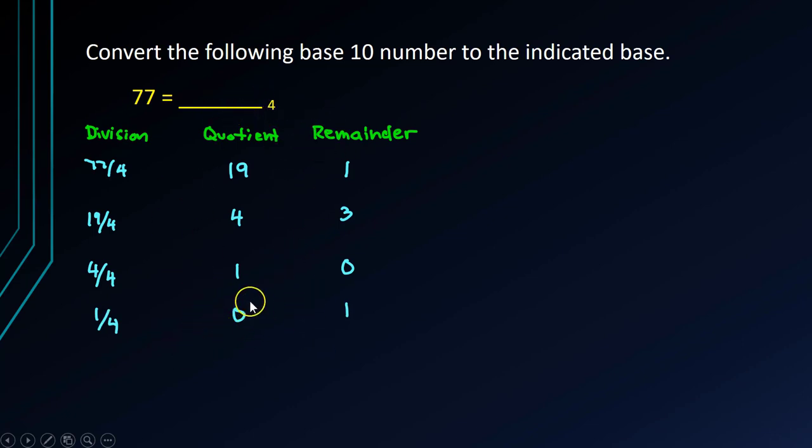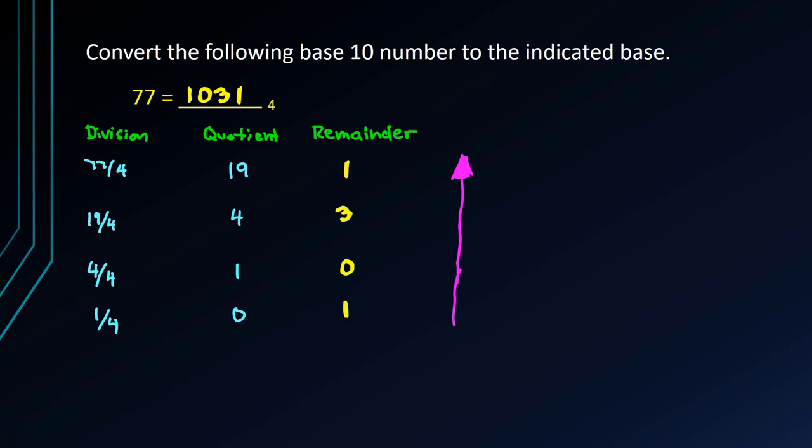And so I did. I got 1 divided by 4, which is not going to have a whole number part. It's just going to have a remainder of 1. So now what I do is I just read the number on the remainders upward. 13031. Which is what we determined it to be from the previous example. The number 77 is in base 4.